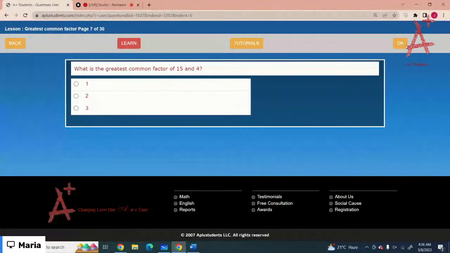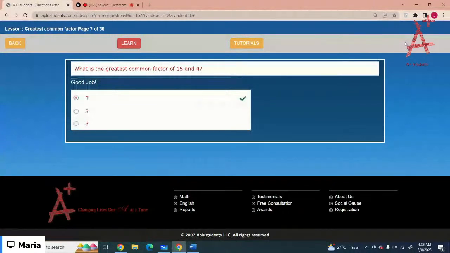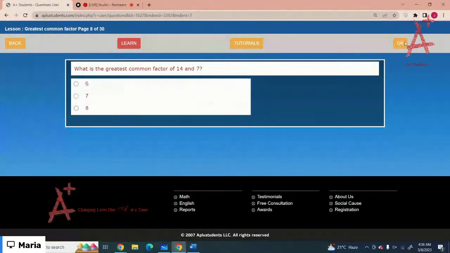What is the GCF of 15 and 4? Which is the correct option? Yes, it is 1. Okay, what is the GCF of 14 and 7? Yes, that is 7. Got it. So the GCF of 14 and 7 is 7.